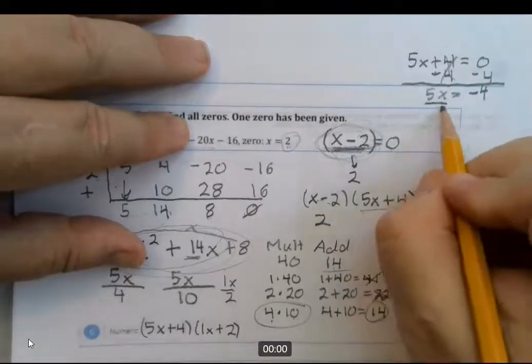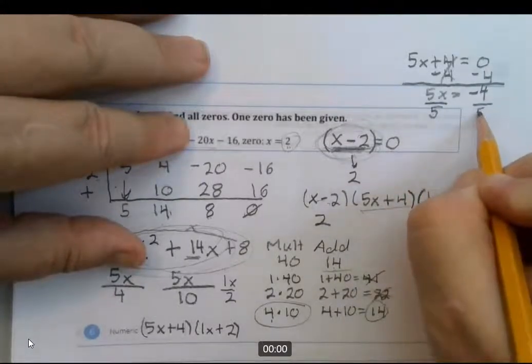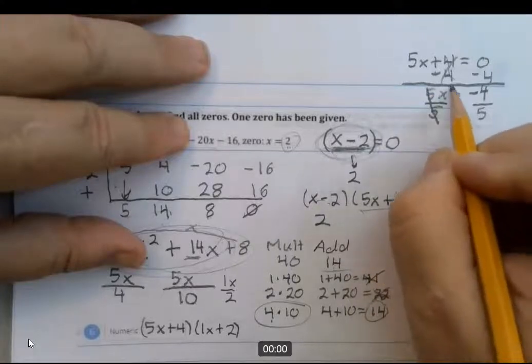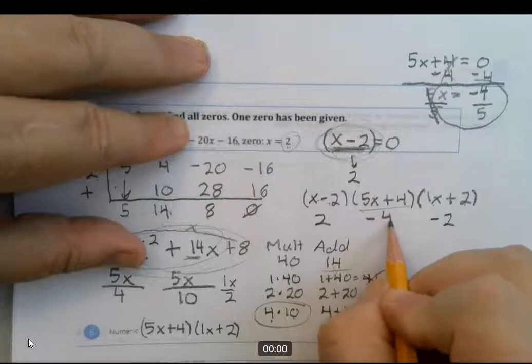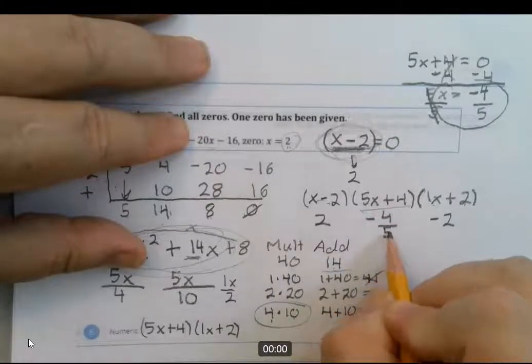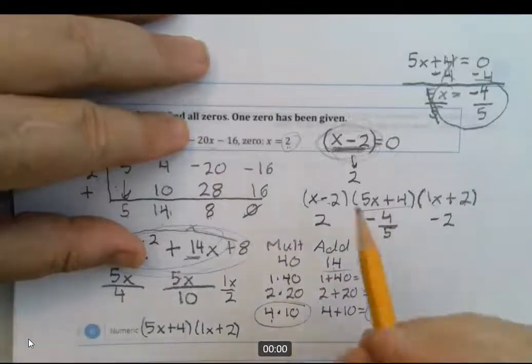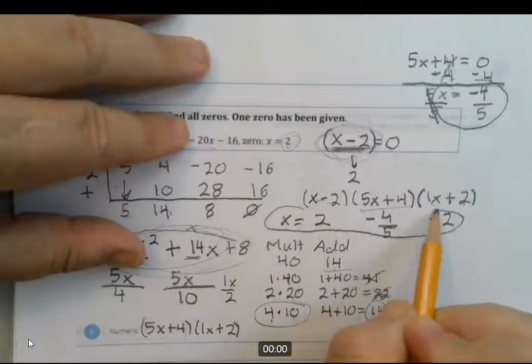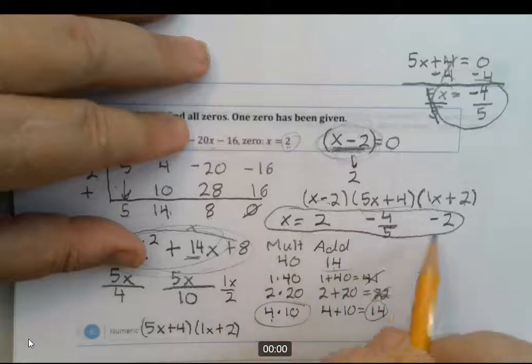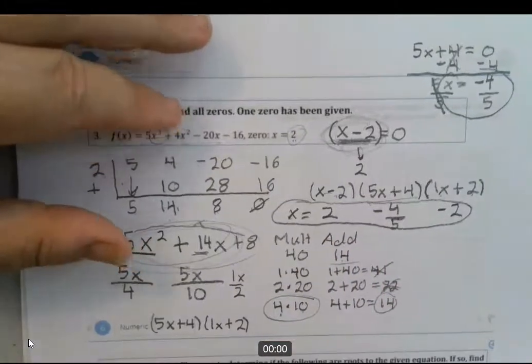Then you divide both sides by 5. Cancels, and you end up with x equals negative 4/5. So this is negative 4 over 5. Okay, so your final answers are x equal to negative 4/5 and negative 2. Okay?